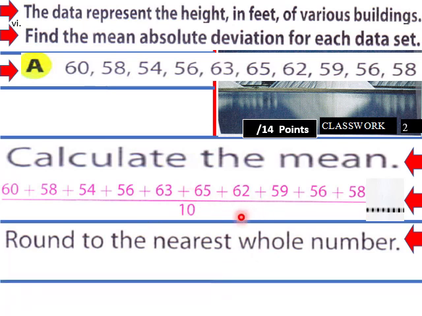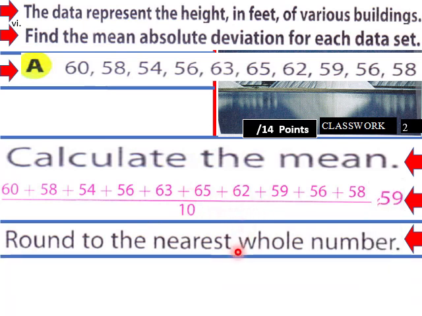What do we end up with? For that, we get 59. So these values up here, rounding to the nearest whole number, will be about 590. And you divide that by 10 and you end up with 59. So here is your mean, actually, of all these heights of buildings.